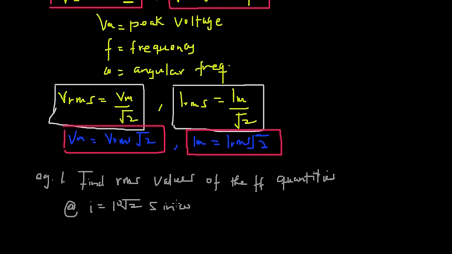Or let's put in values over here: sine of 100 pi t. And then maybe for B, another question, a certain V, this is I and this is V, we have a certain 20.